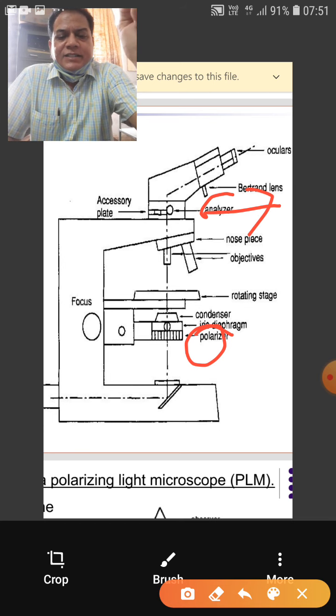Under such conditions we study color, that is the color of the particular mineral we are observing, and pleochroism. You all know that all minerals are not pleochroic. The question of pleochroism in felsic minerals doesn't arise. Mafic minerals may be pleochroic, and you all know the most pleochroic mineral is hornblende.